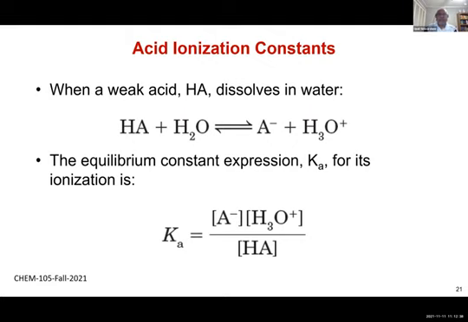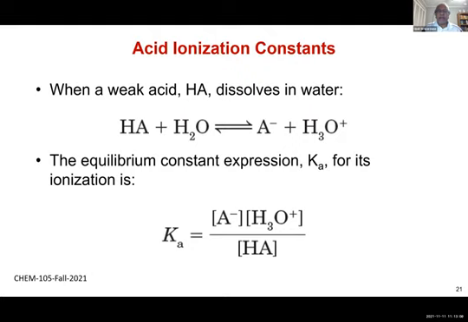So for acid dissociation equilibrium, K sub A, HA is the reactant. Water is a pure liquid. It disappears. When writing equilibrium constants, pure solids and pure liquids are removed from the expression. Water is a pure liquid, therefore removed.